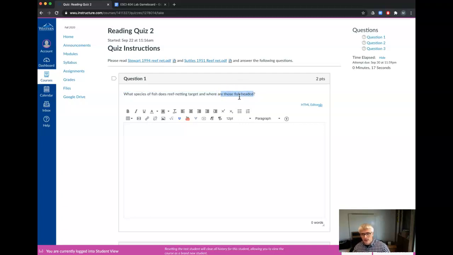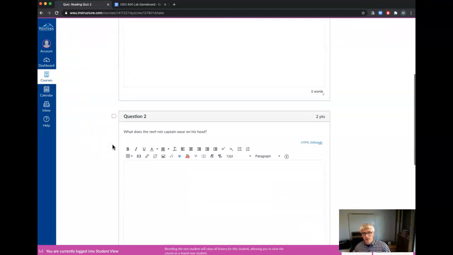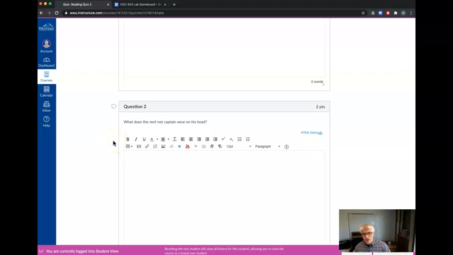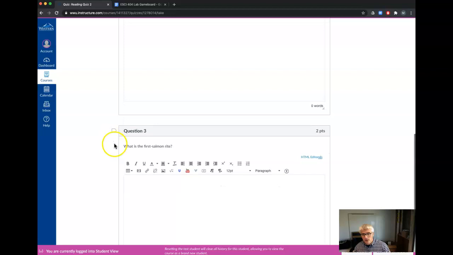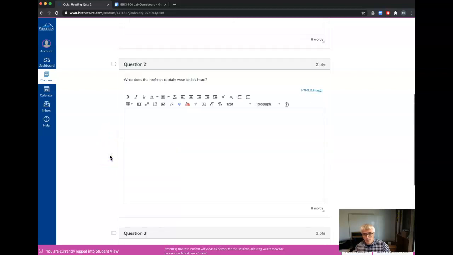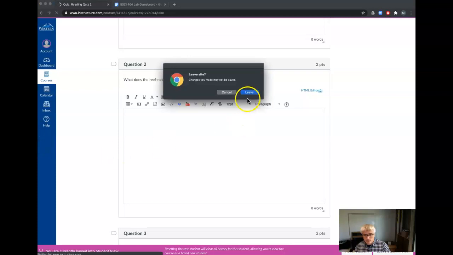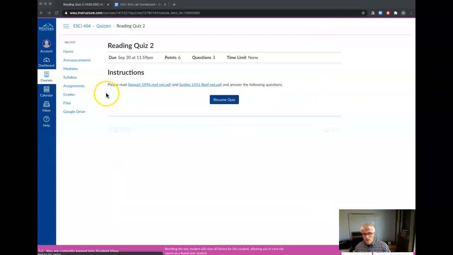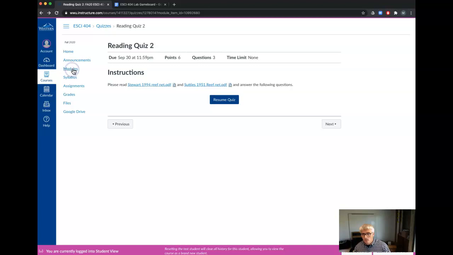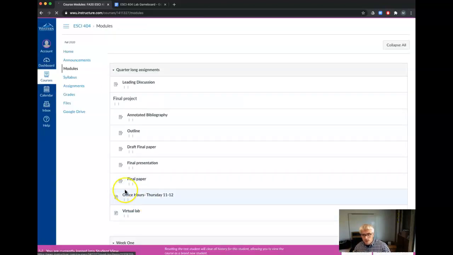Reef net typically targets a very specific fish that's headed to a very specific area. That's what I'm looking for. A specific name for that garment, and a bit about the first salmon rite. Leave that alone. So everything should be organized in modules.